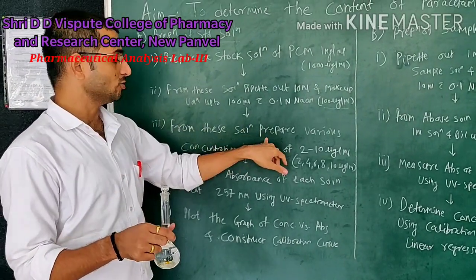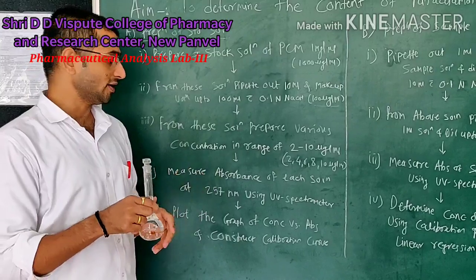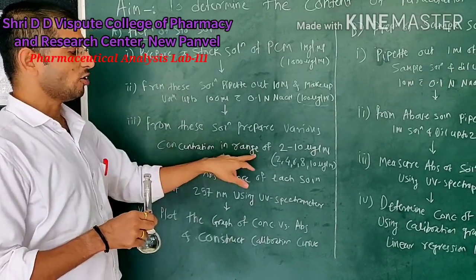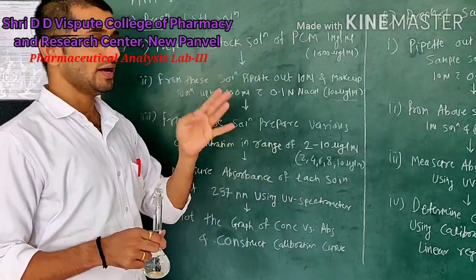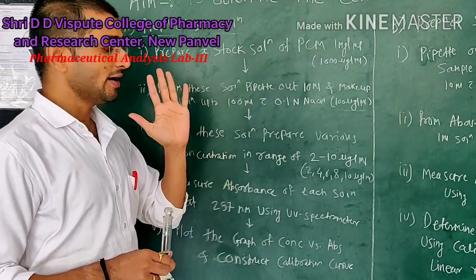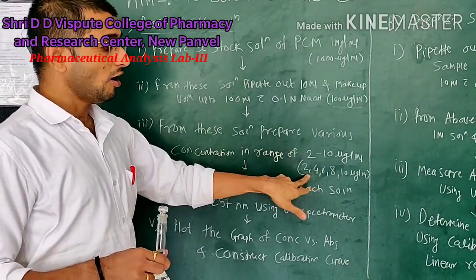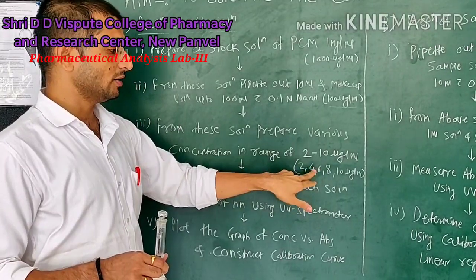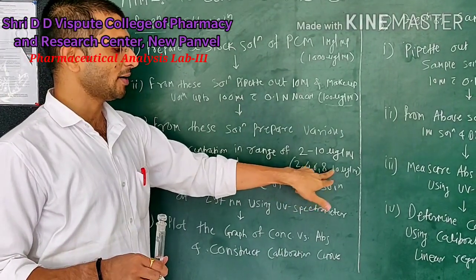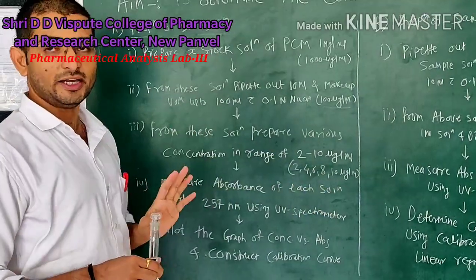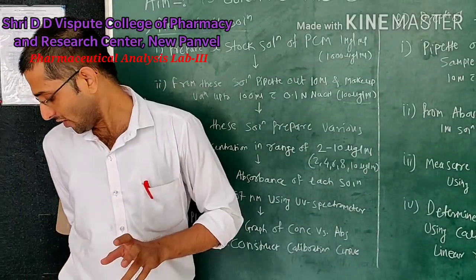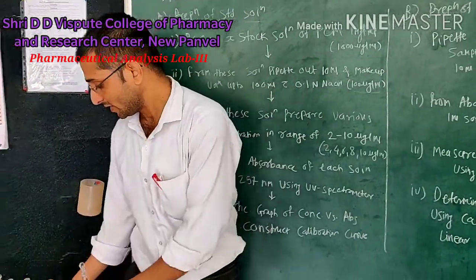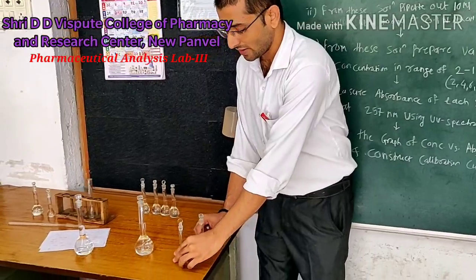From this prepared solution, make different concentrations in the range of 2 ppm, 4 ppm, 6 ppm, 8 ppm and 10 ppm, that is 2, 4, 6, 8 and 10 microgram, each in a 25 ml volumetric flask.